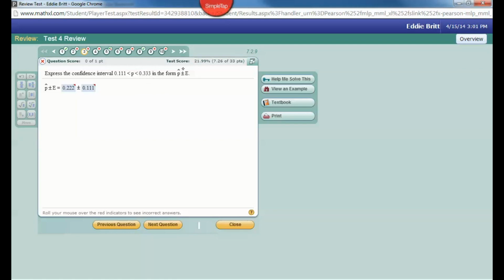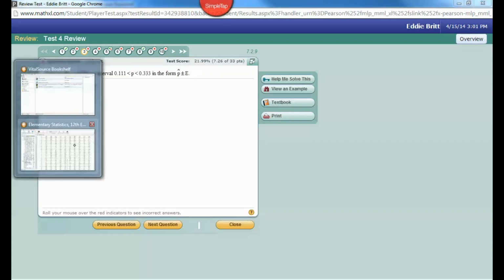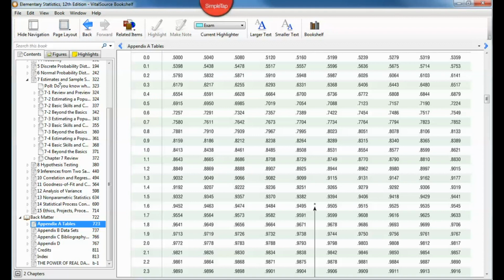So we want to write this in the form p hat plus or minus e. So we need to figure out p hat, the point estimate, and e, the margin of error. To do that, there's a formula I can use. I know it, but I'll show it to you as well.